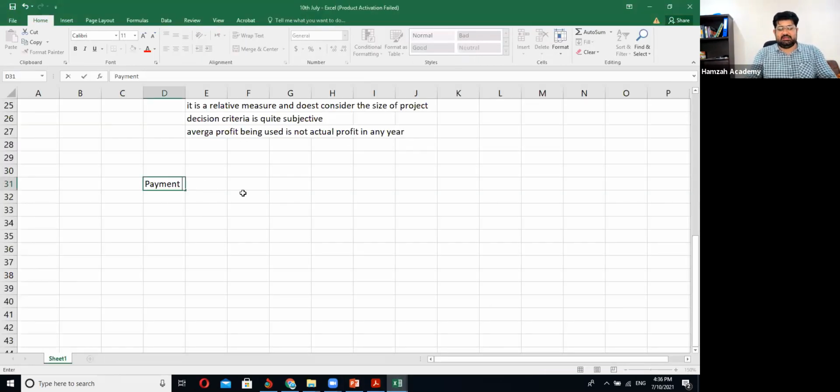Now, the next is payback period method of investment appraisal. What is payback period method of investment appraisal? Student, remember, it is cash flows based. It is a cash flows based method of investment appraisal.